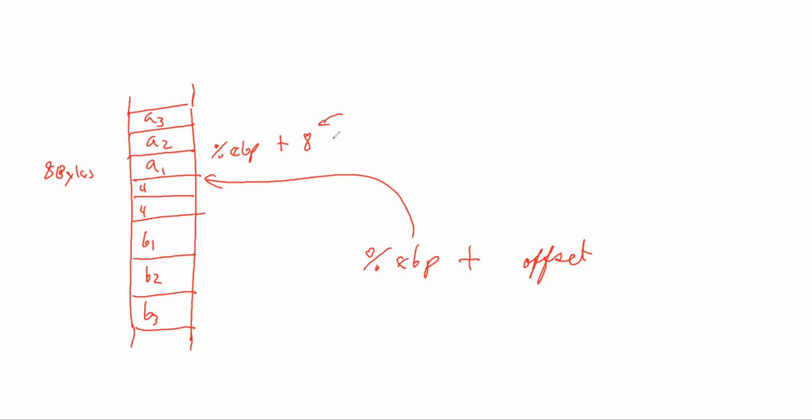And this one might be 4 bytes, so it would be EBP plus 12, because it's always from the position where the pointer is at.